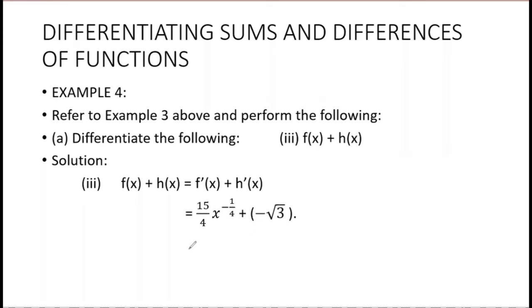Or pwede na rin natin gawin siyang 15 over 4 fourth root of x. So, ang index niya ay 4 tapos x, then minus square root of 3. Okay? And that's it.